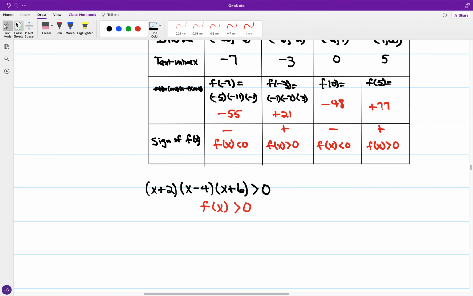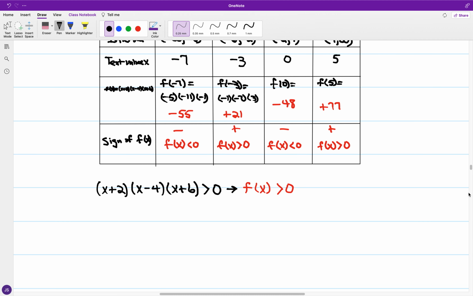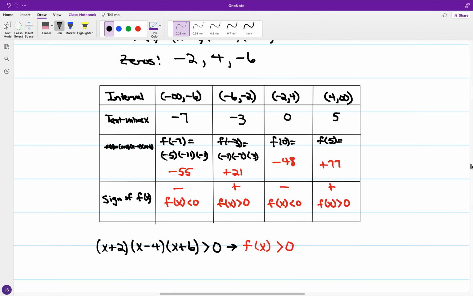So this is the inequality we started with, and we're referencing where f of x is greater than 0. This will pertain to the second and last interval portions.